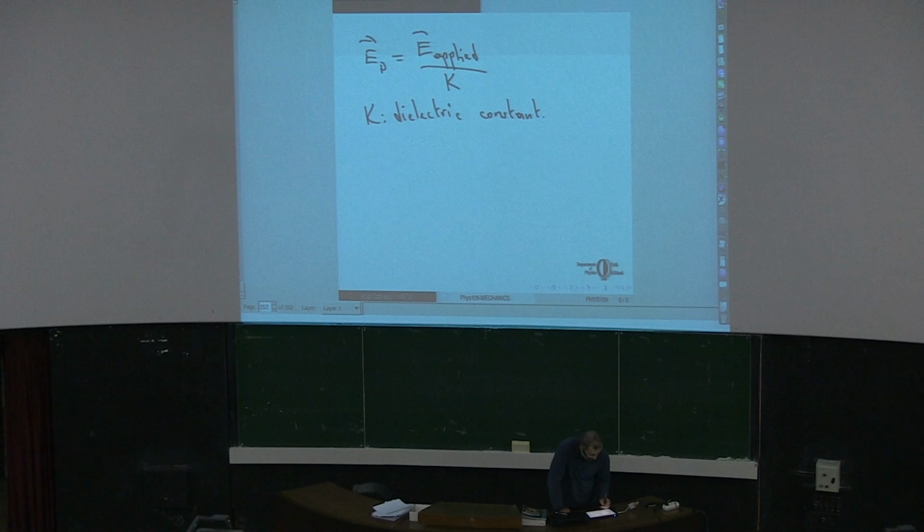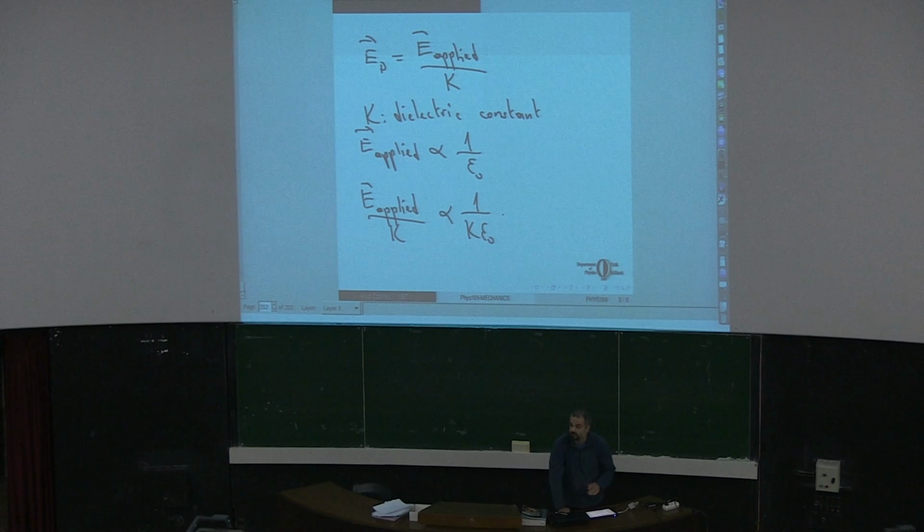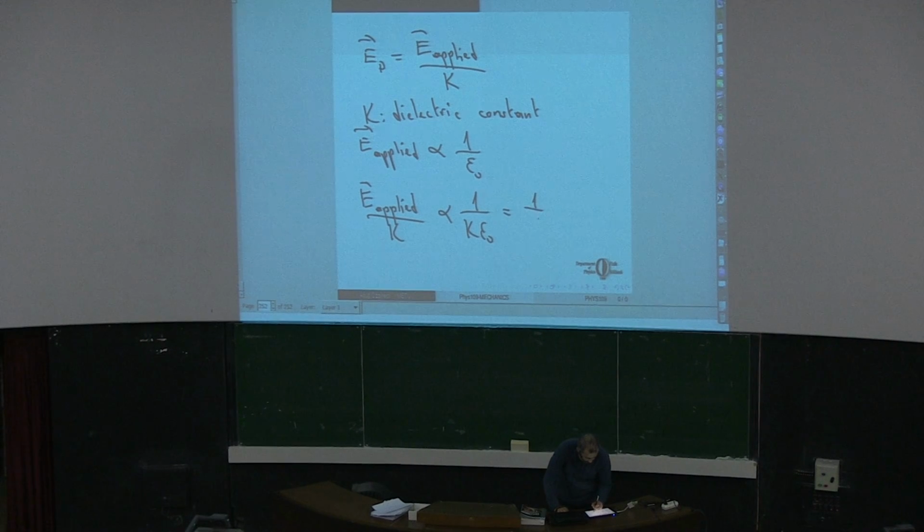The applied electric field is always proportional to 1 over epsilon 0. And if you divide it by k, this will be proportional to 1 over k epsilon 0, always. K will not appear anywhere else in this proportionality constant. Epsilon 0 will not appear anywhere else in this proportionality constant. So this is the same thing as 1 over epsilon.